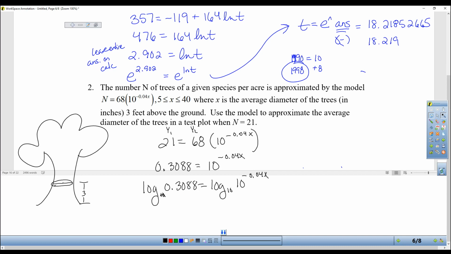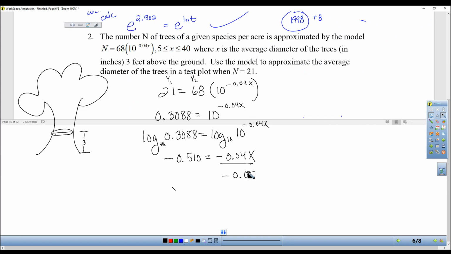So then I'm going to say log of the answer. Make sure you're using that answer button, which will use the entire thing, 0.3088235294. And when I do that, I get negative 0.510. Again, it's a longer answer, but I'm going to leave it on my calculator because I still have more work to do.